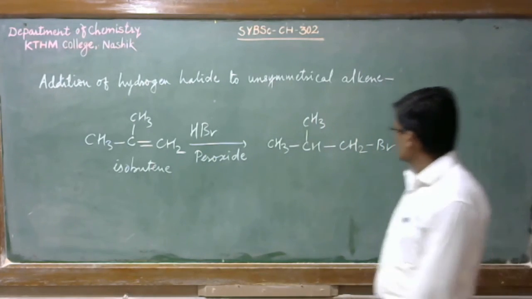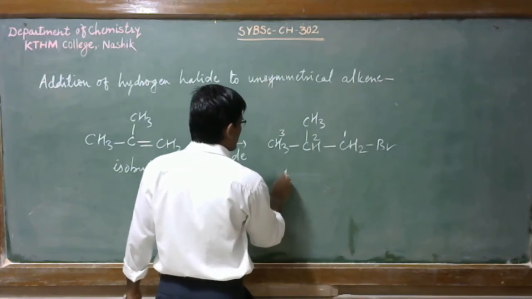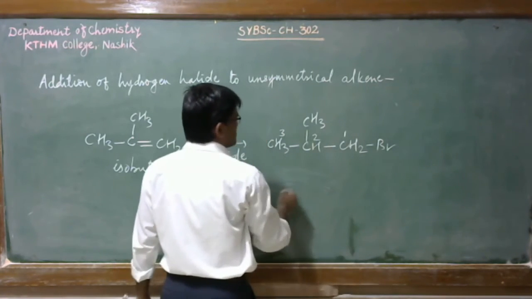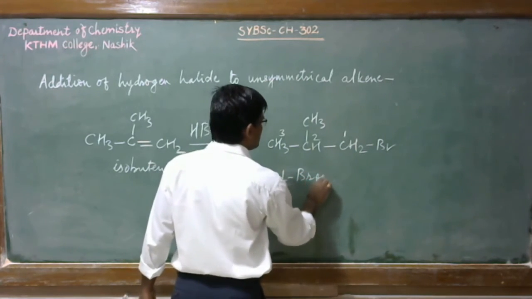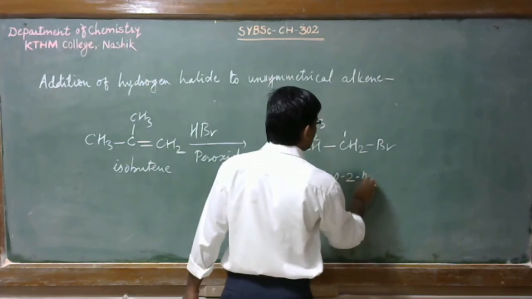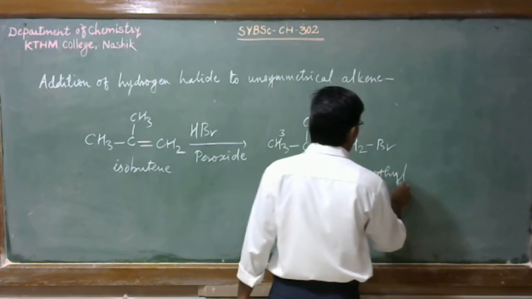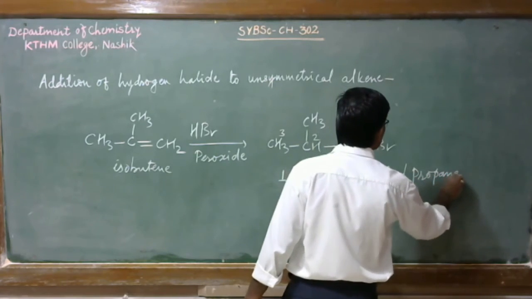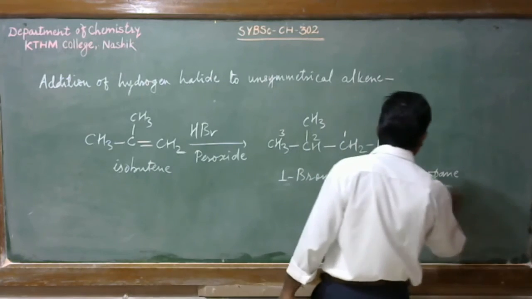So this would be 1-bromo-2-methylpropane. And the chain has 3 carbons, so it should be propane.